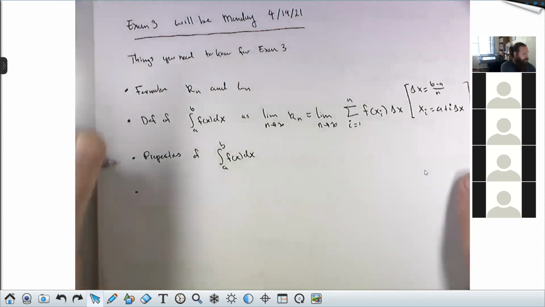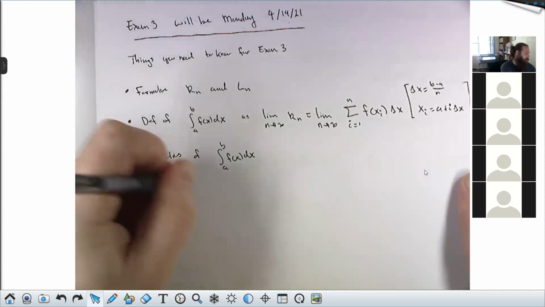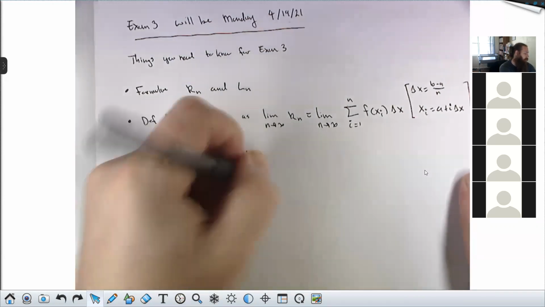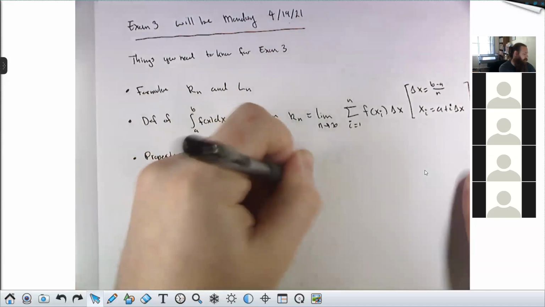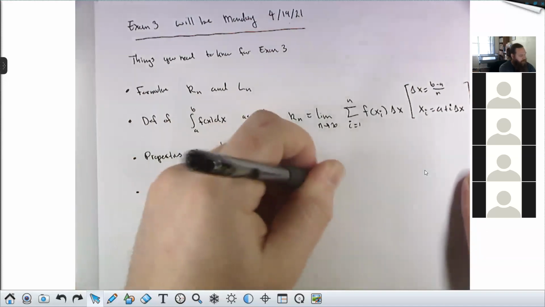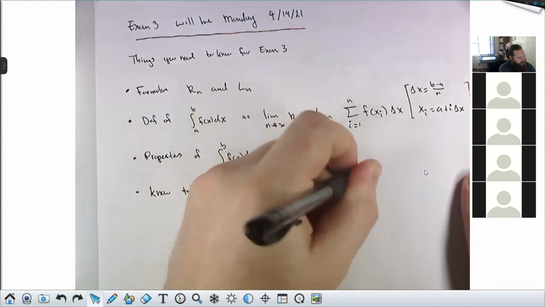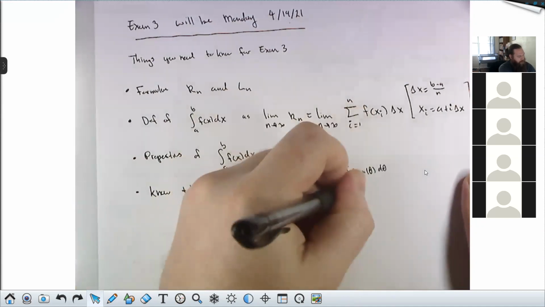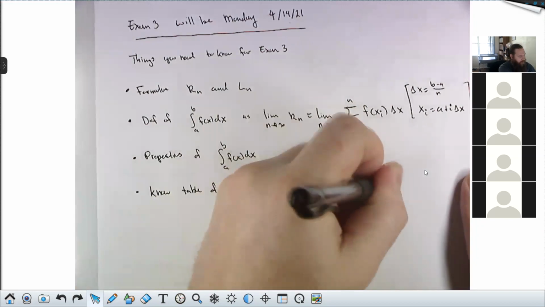You need to know the table of basic antiderivatives, plus those two that we talked about recently, the integral of tan theta and the integral of secant theta.